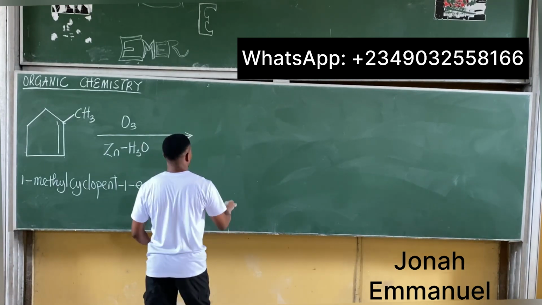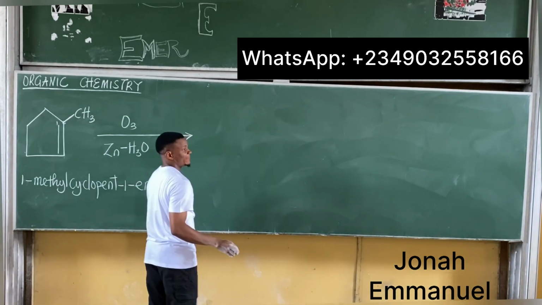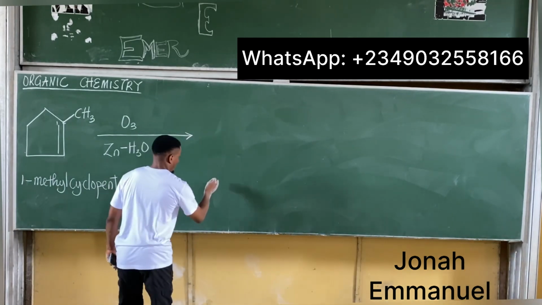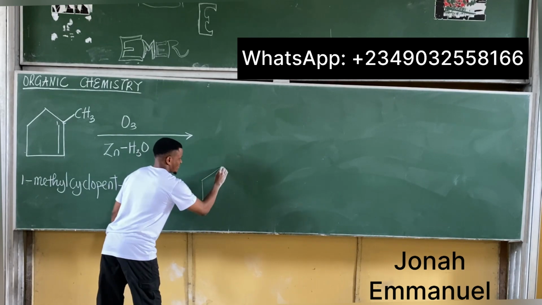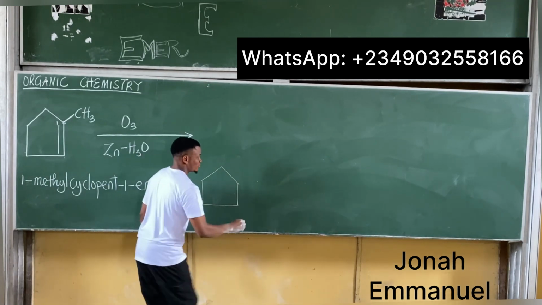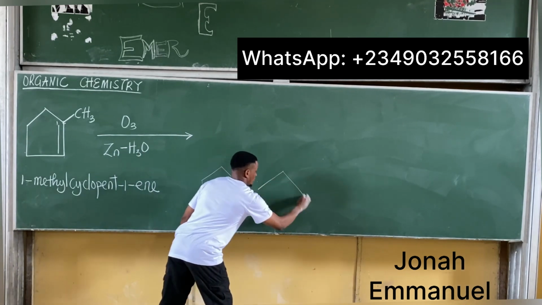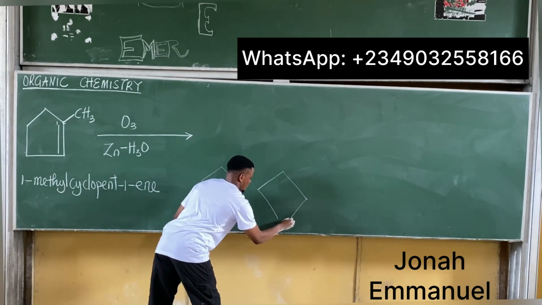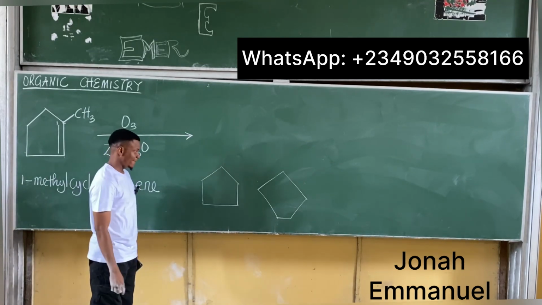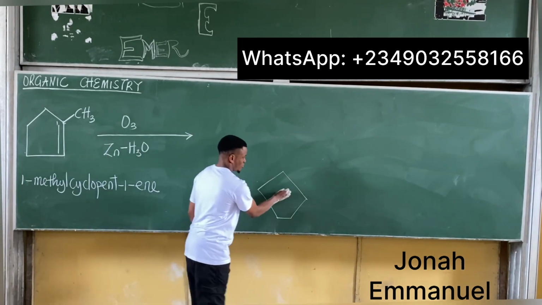Cyclopentanol, you should know what it looks like. Depending on the author, some will write the cyclopentane structure like so, others will choose to do this. Let me use this structure now.